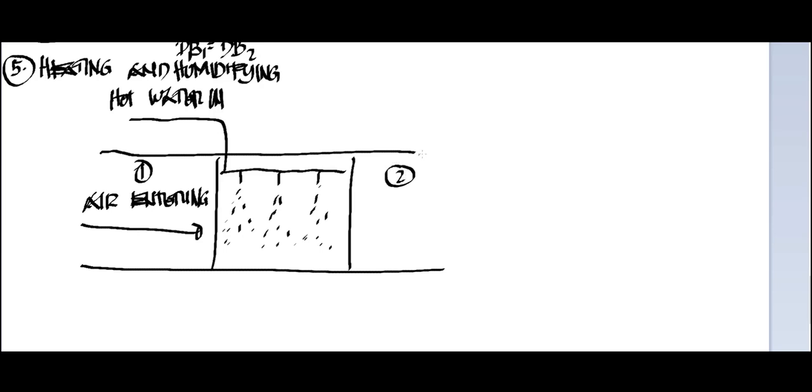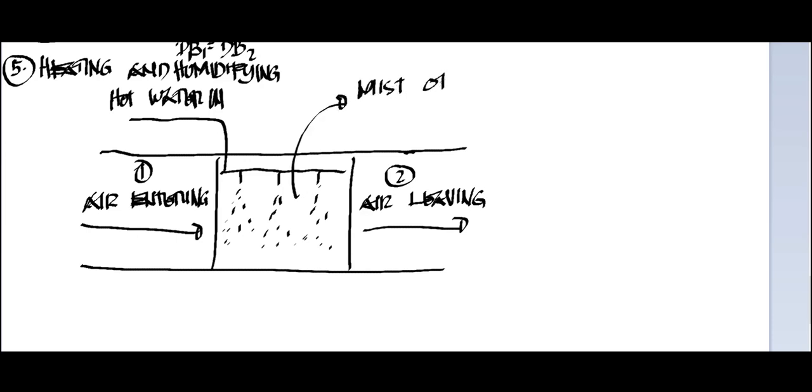And you have your point 2 here, where it is leaving. Okay, so this is a mist, again, a mist of spray of heated water. So we'll see the difference.